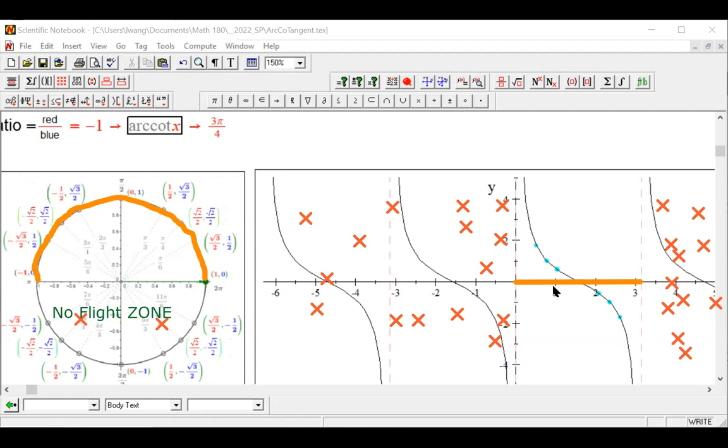It passes the horizontal line test, and it has an inverse, and that inverse is called ArcCoTangent.